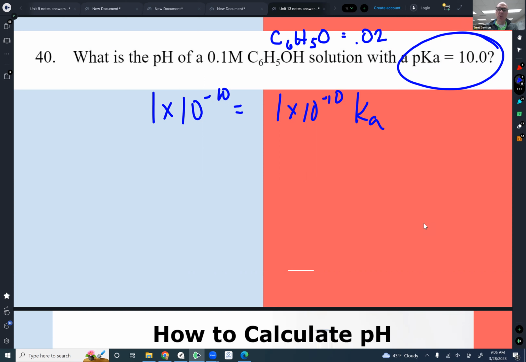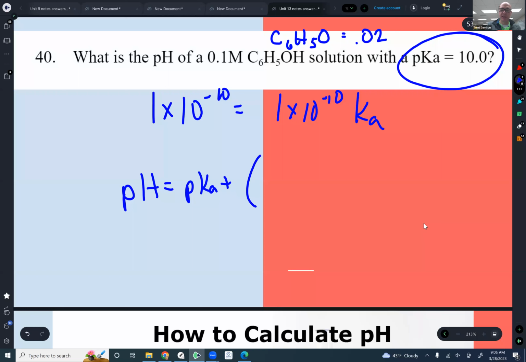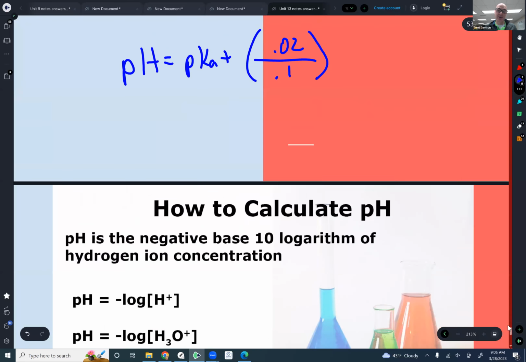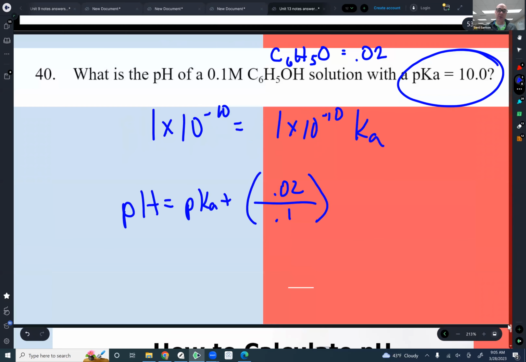Okay, now we actually can solve this using the Henderson-Hasselbalch equation. pH is equal to pKa plus the log of the ratio of the base, which is the material that accepts the hydrogen, 0.02, over 0.1, the acid, and then we'll solve that, and that will give us our pH, and that was what was supposed to be on the next slide here. So we will do that right now.